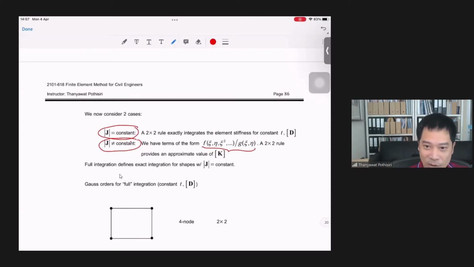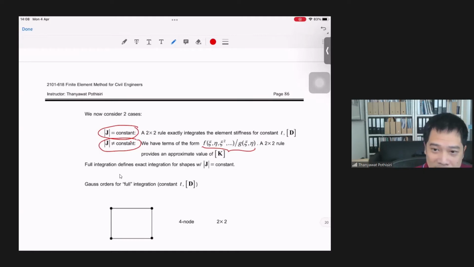Okay, so if the shape of your element is a parallelogram or a rectangle, then you would have J equal to constant. All right, but in other cases, your J would not be constant.